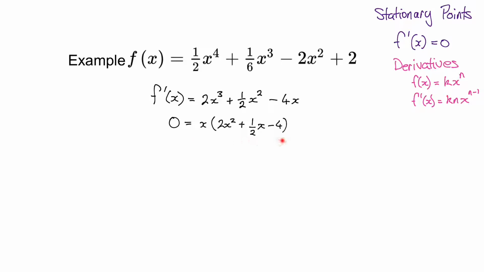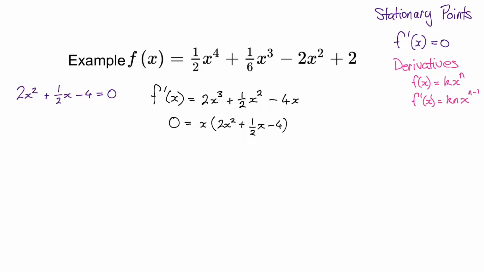Looking at our equation now, we can see that if x is equal to 0, it doesn't matter what is in the brackets, because anything times 0 is going to be 0. That means that we can solve 2x squared plus 1 over 2x minus 4 is equal to 0, and that will give us our other two stationary points.